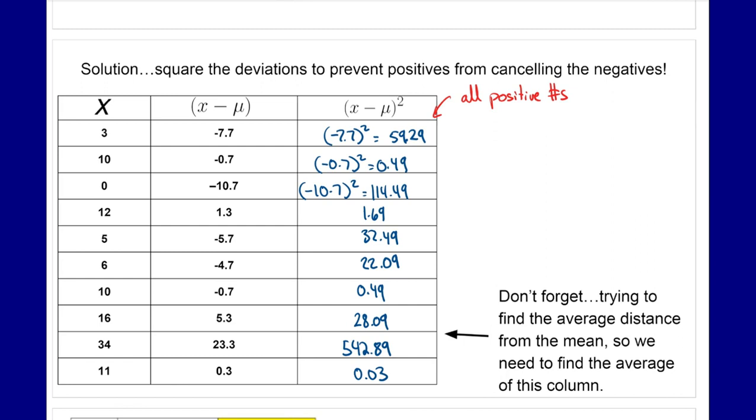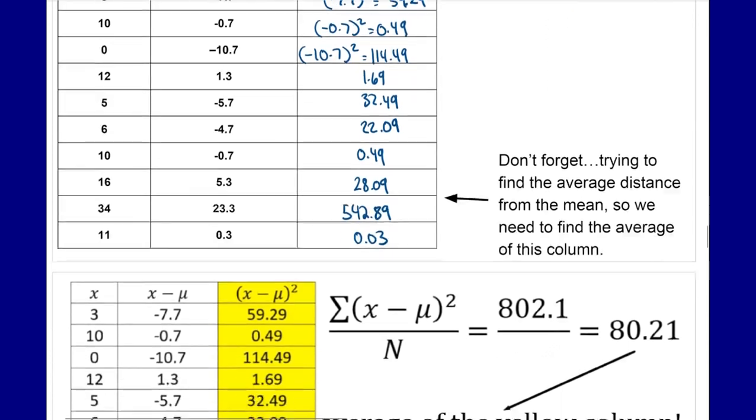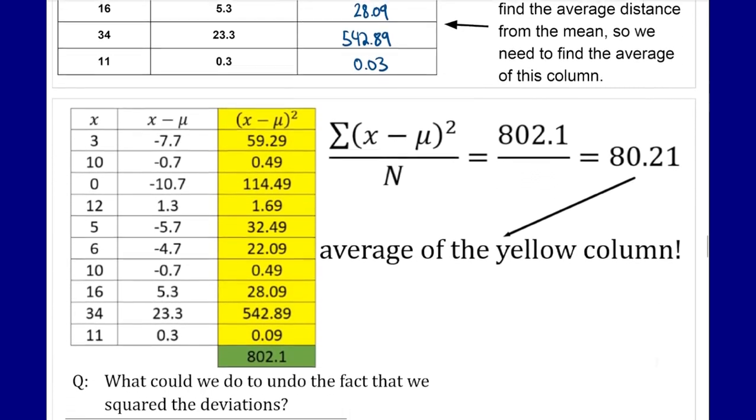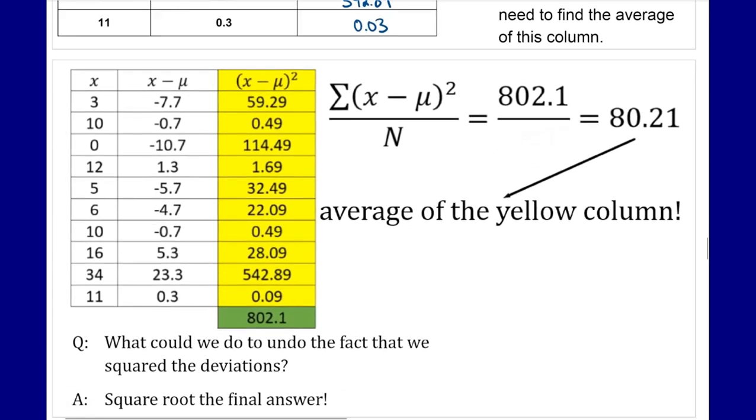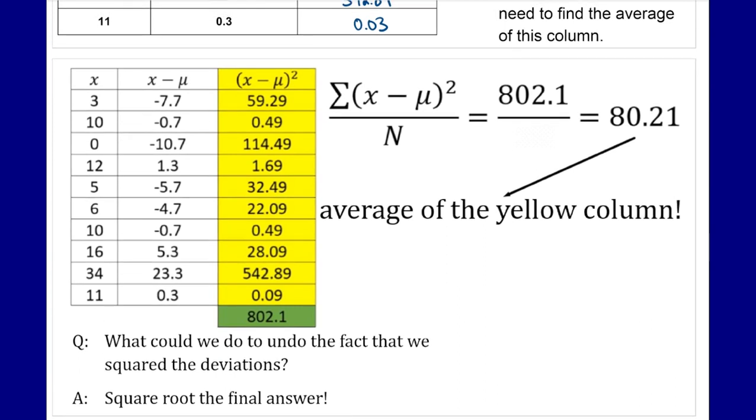So don't forget, we do need to find the average distance. So all we did was get rid of those negatives, but we still need to find the average distance. So we need to add up all of the values, which we just did. We get 802. We then divide by 10, the number of numbers, and we get 80.21.